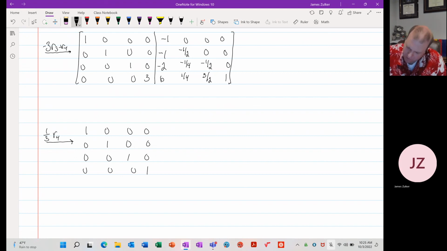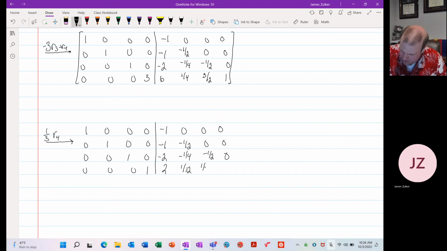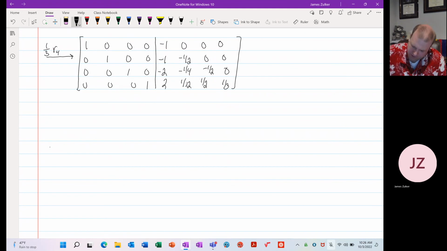Okay. Well, we get the 4x4 identity on the left, and then what we're left with on the right. And so our inverse is this matrix.